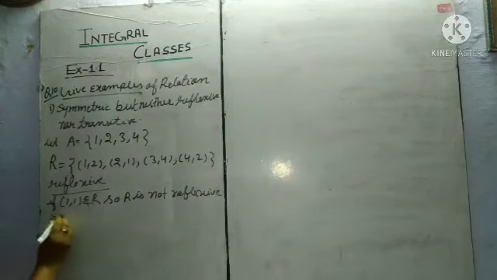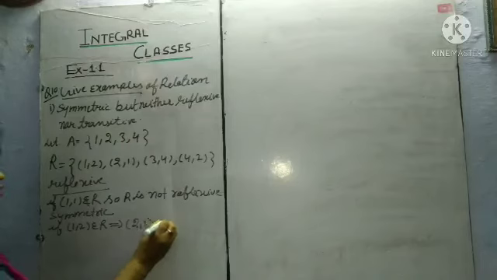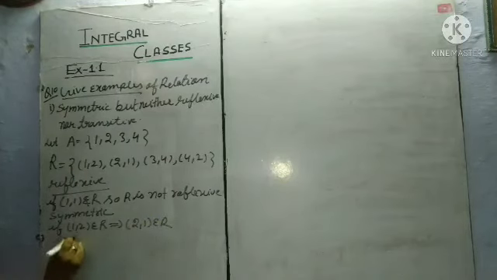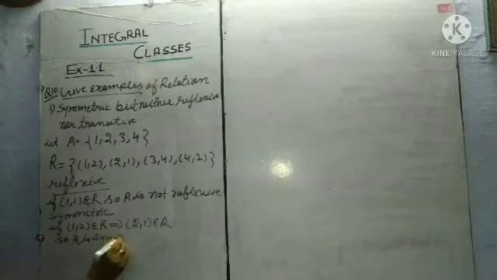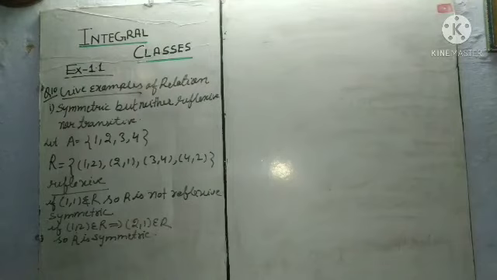Now for symmetric. If 1, 2 belongs to R, it implies that 2, 1 also belongs to R. These two pairs belong to R. So R is symmetric.